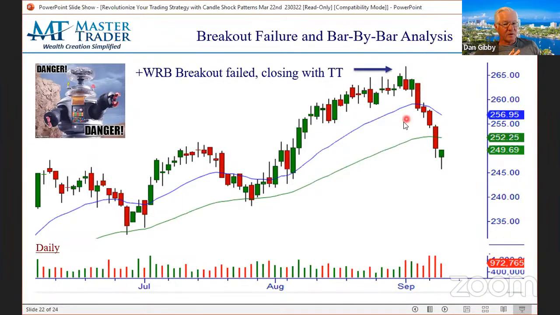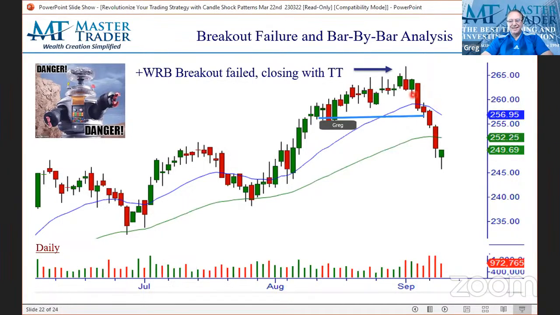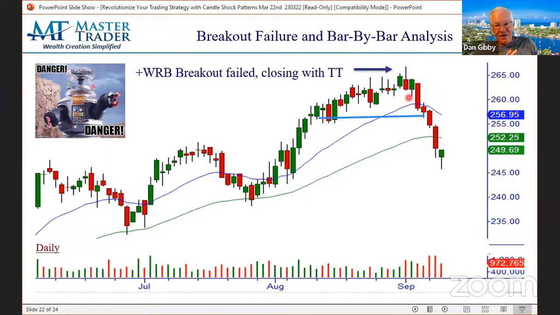The next green bar, I said, okay, we're going into, what do you call it, Craig? Intelligent hope mode. Now I'm out of this thing. It traded under the green bar, under this support. So it was a breakout failure. It shouldn't have done that.